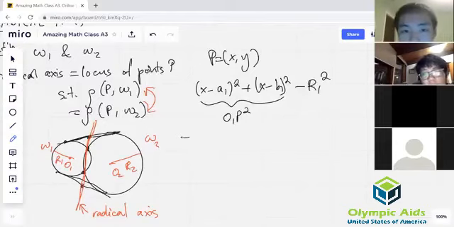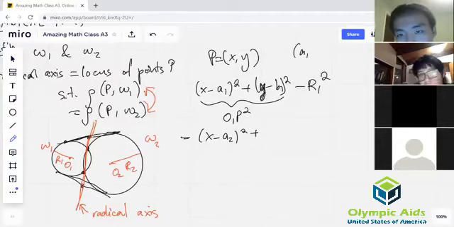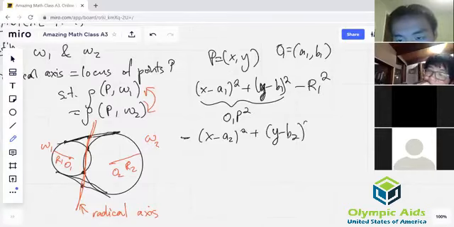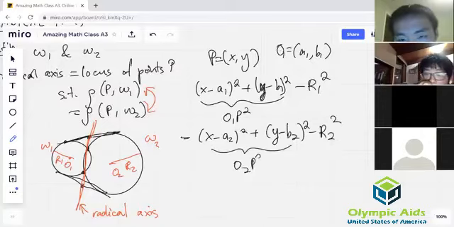And then the claim is that this is equal to (x minus a2) squared plus (y minus b2) squared minus R2 squared. This is equal to O2P squared minus R2 squared.